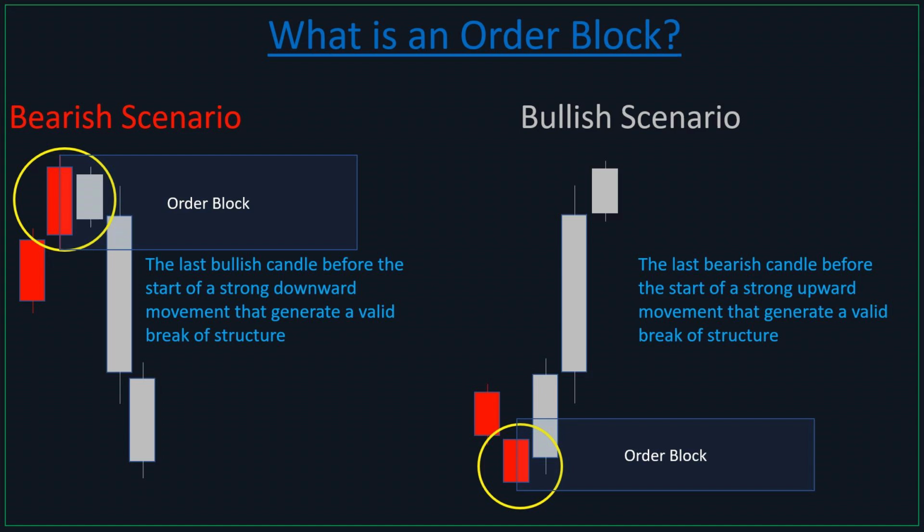So in a bearish scenario it is the last bullish candle before the start of a strong downward movement, and in a bullish scenario it is the last bearish candle before the start of a strong upward movement. These are the differences between the bearish and the bullish scenarios. So let's move on.